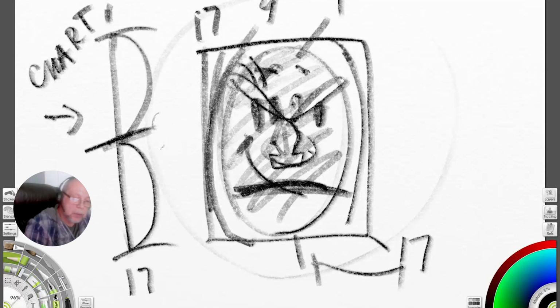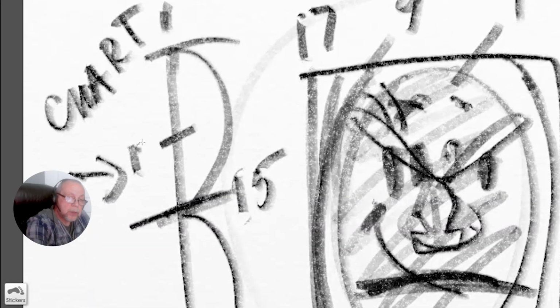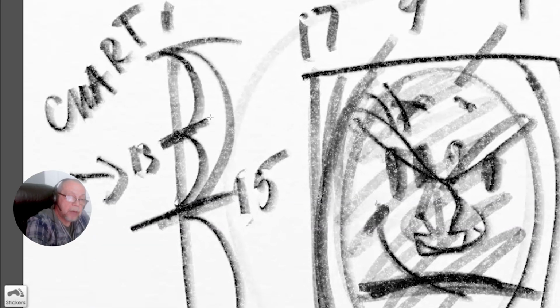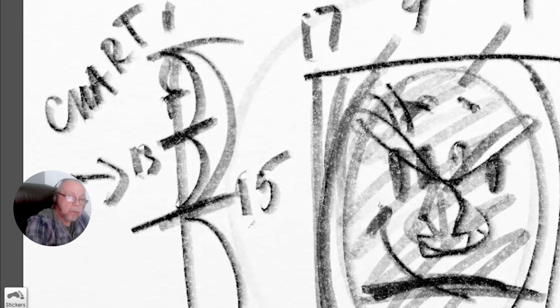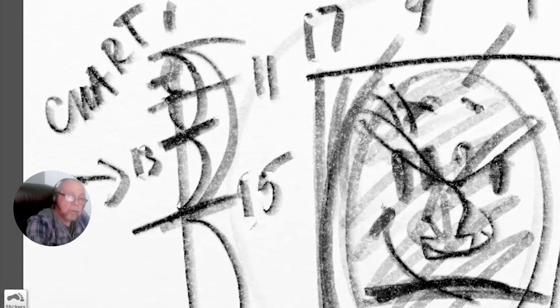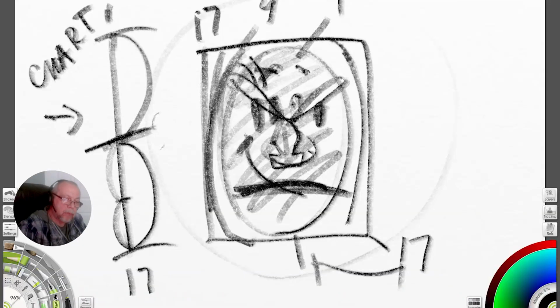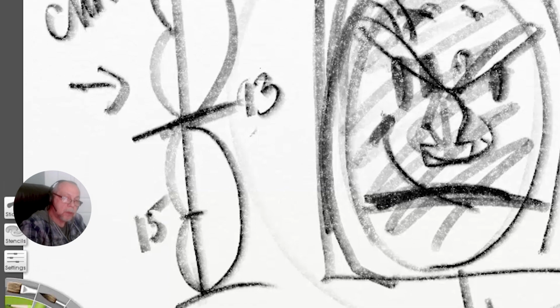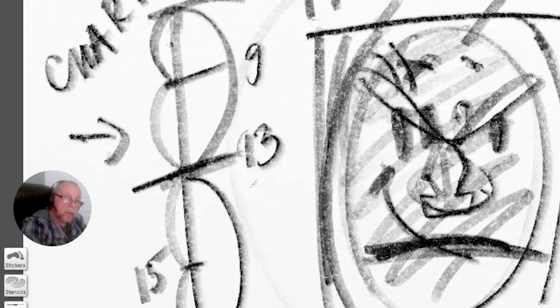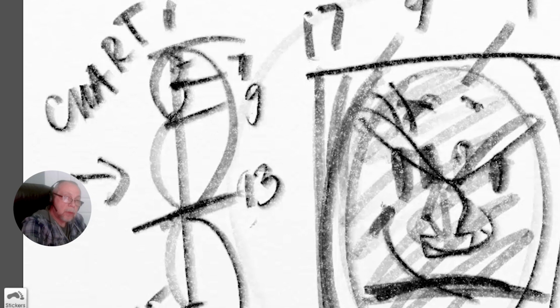Could be 15, 13. That's half and half, half, half, and half again. 11, 9, 5, and 3. Or this one might be half and half: 15, 13, 9, see the half and half, 7, and 5.